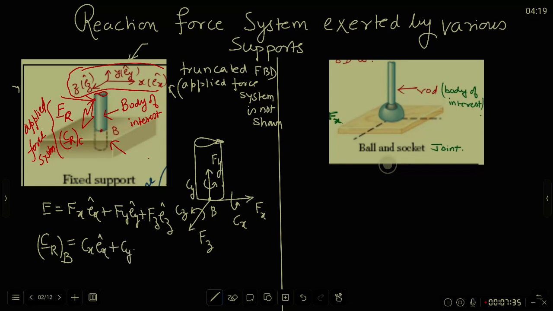Six scalar unknowns. Then you proceed ahead and try to see whether you can find these or not. That's a different step. I'm not going that far. My attempt is only to identify the unknown components of the reaction force system.